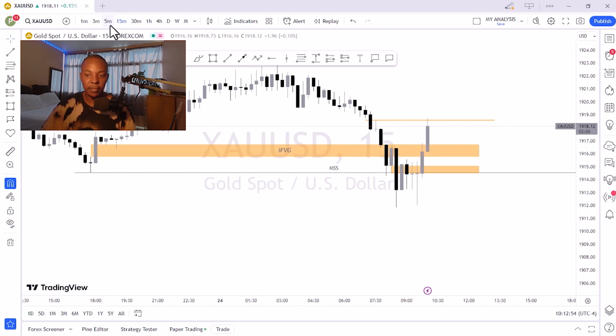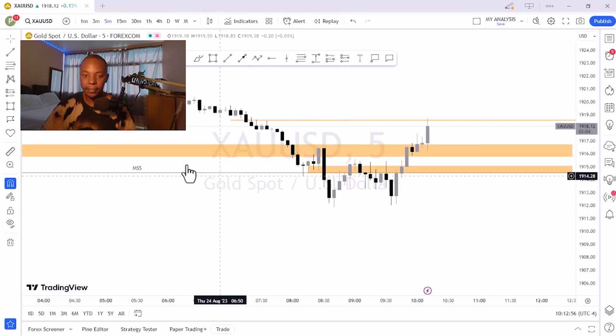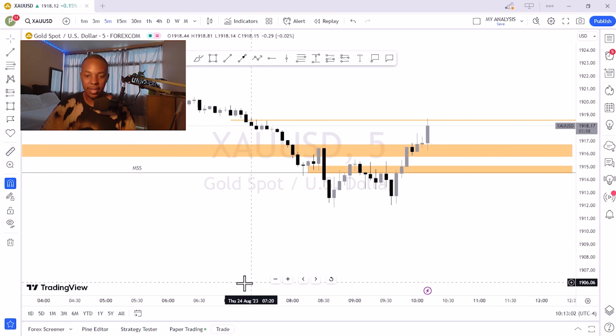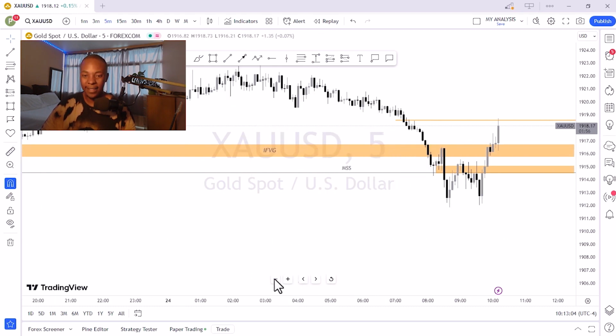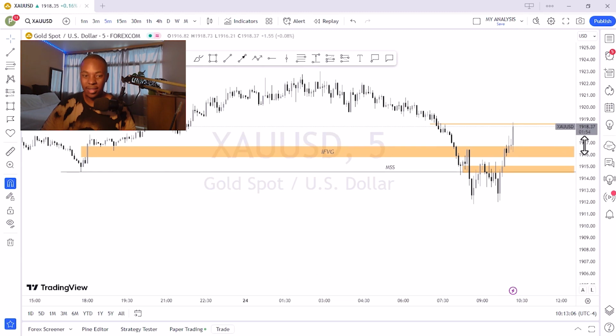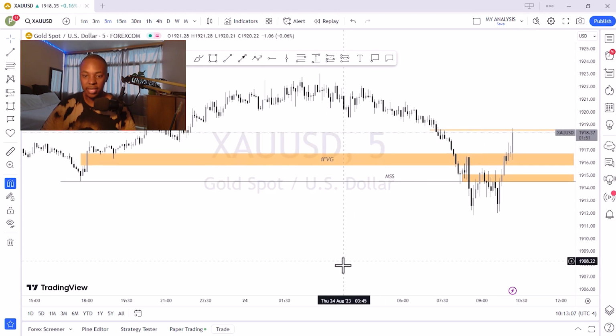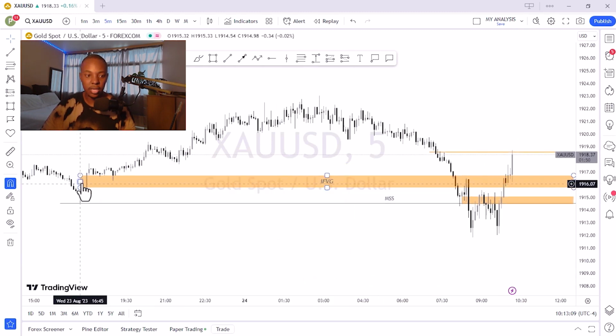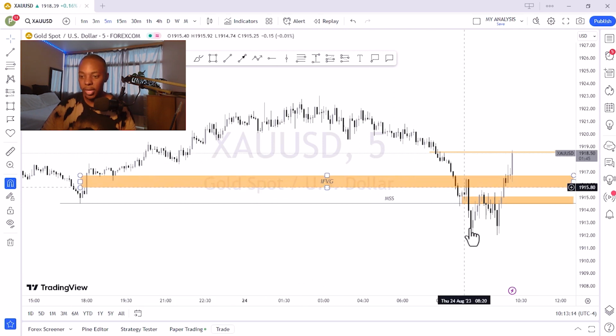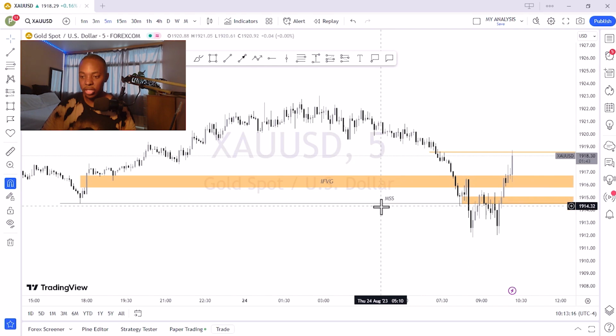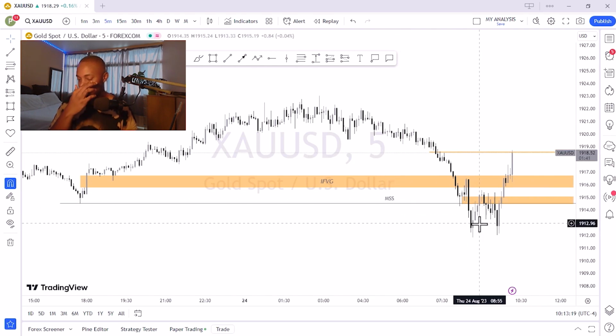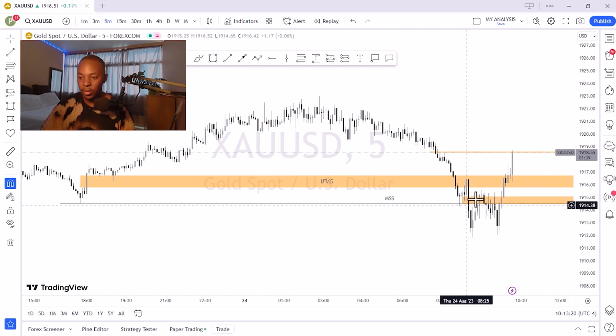Let me go to a 5-minute time frame. Price came here and respected that fair value gap, and then went down, broke market structure, and then we went back into this order block here.